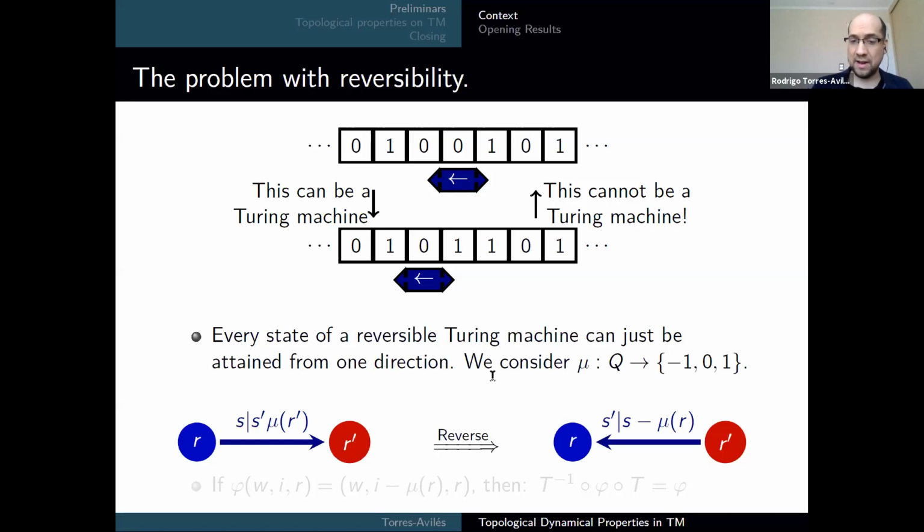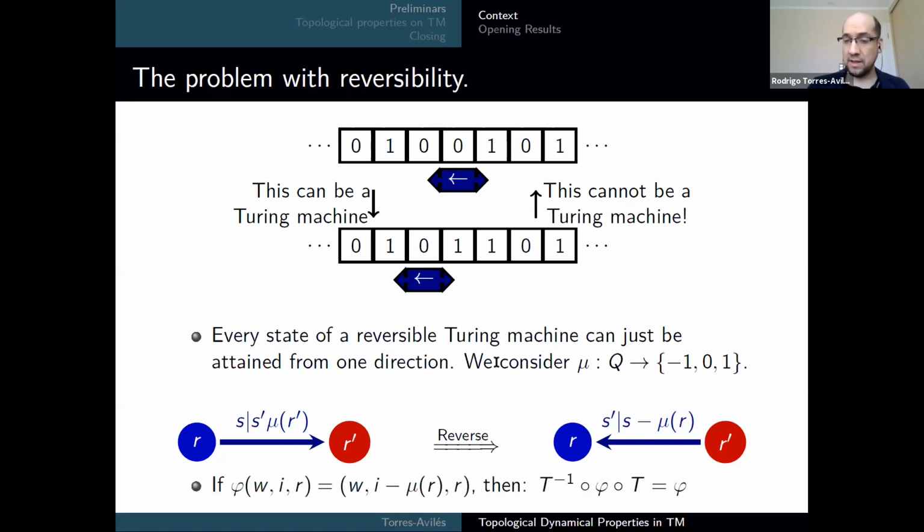And if the regular Turing machine is defined by this kind of instruction, considering mu of the attained state, then the reverse instruction is: what we write is what we read, but we move in the opposite direction of the attained state.